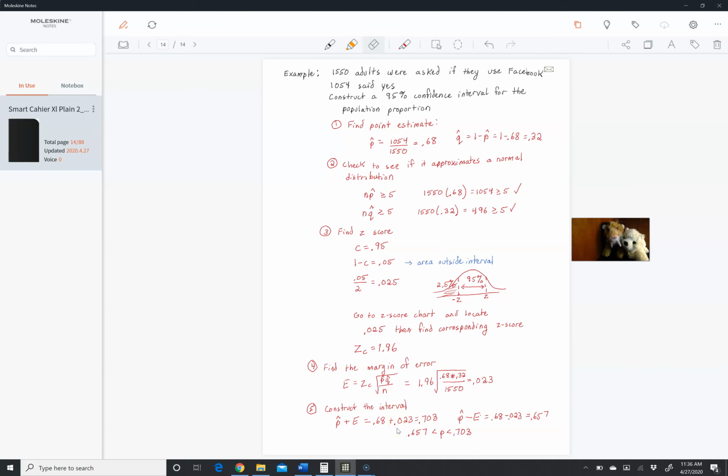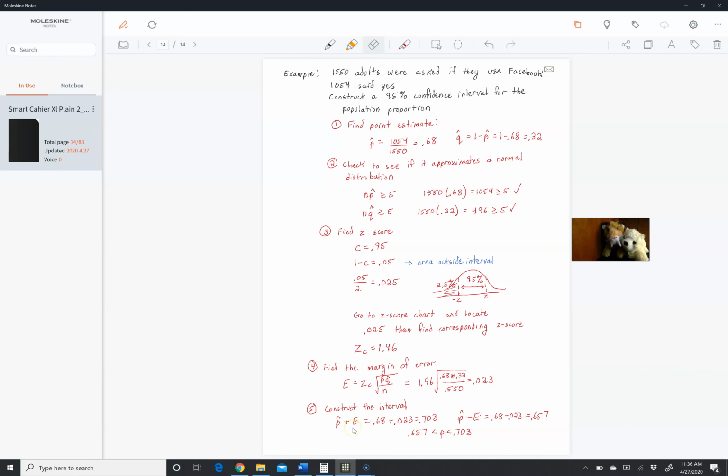Then we found the margin of error, because it's what gives us the actual interval. We took the z-score and multiplied by the square root of p hat q hat over n, very similar to finding the margin of error for confidence intervals for means. This told us the margin of error was 0.023. We added it to and subtracted it from our point estimate.